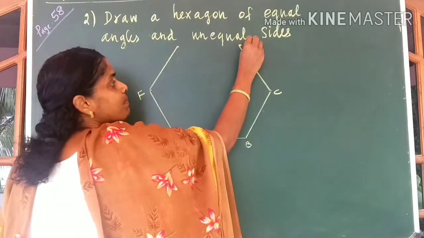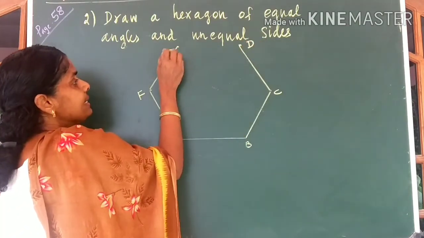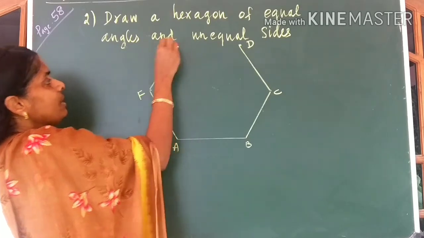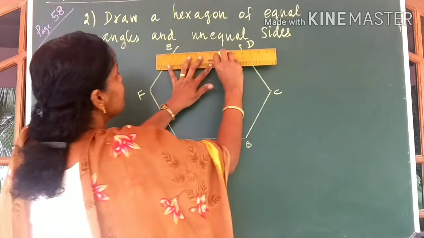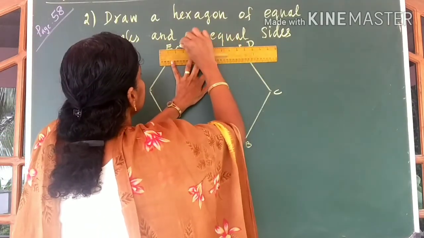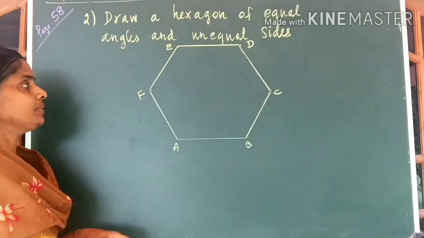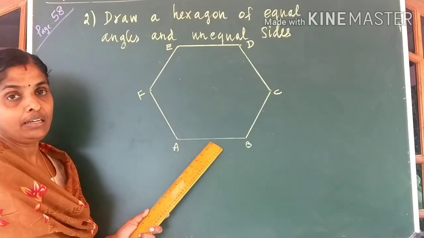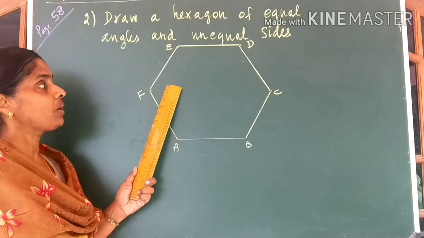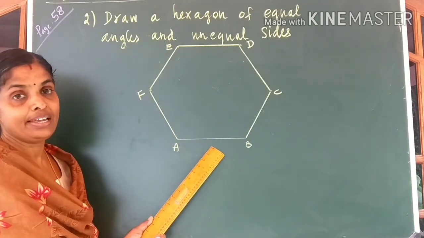Let us name this point as D and this point as E. Now join D to E. So we got a hexagon with all angles equal but sides are not equal.